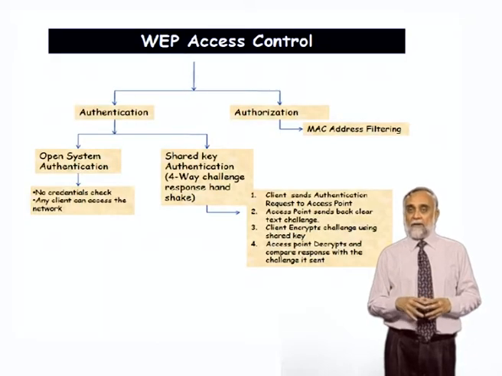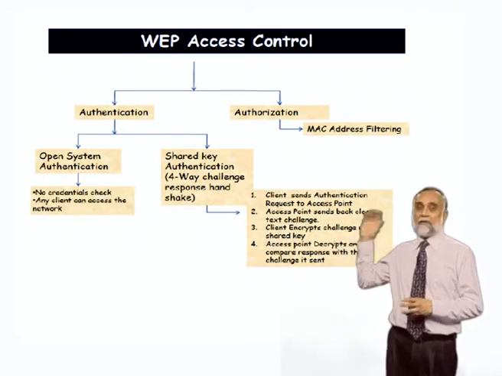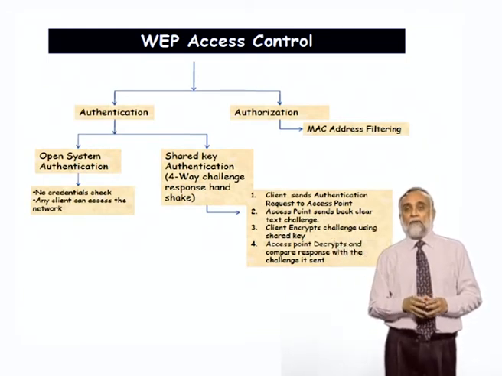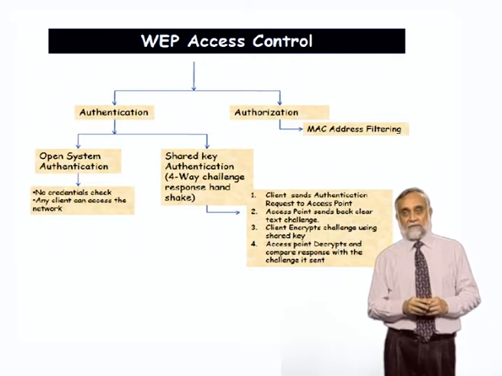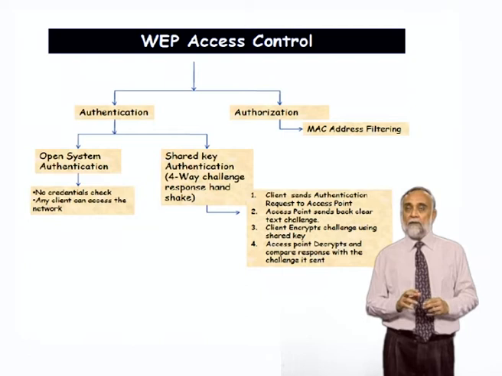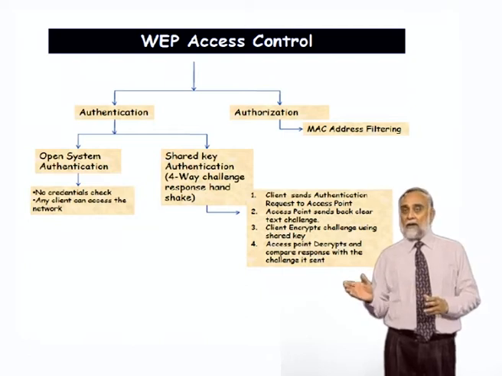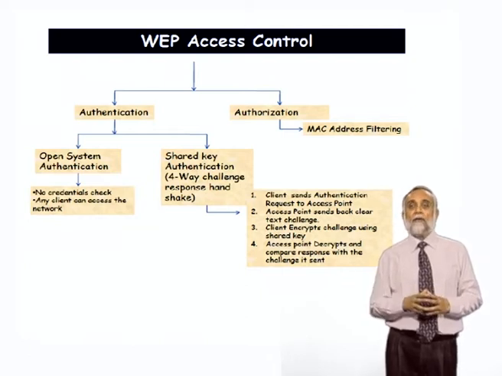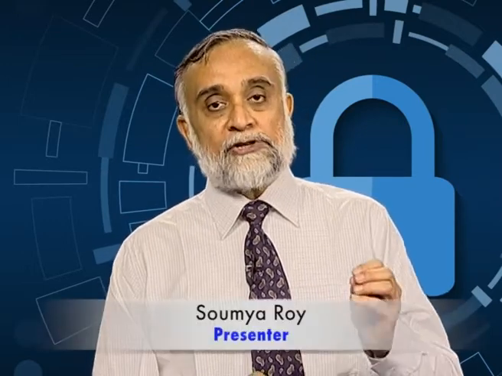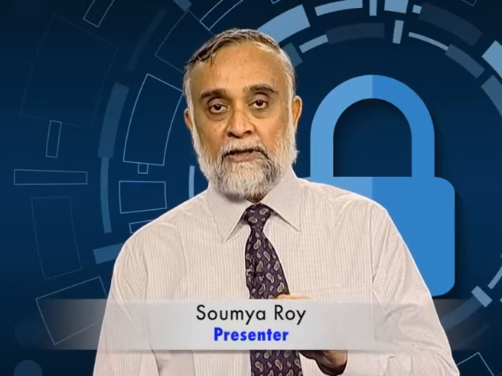One can classify WEP access control, you can refer to the slide here, into two broad classes: authentication, open and protected, and authorization, MAC address filtering. The protected access control follows a four-way challenge response protocol with shared key based authentication and integrity check.